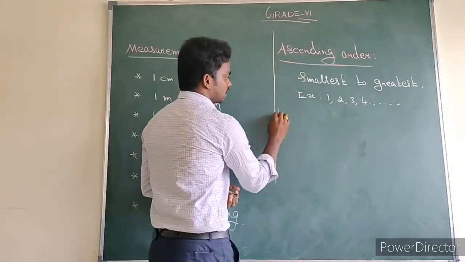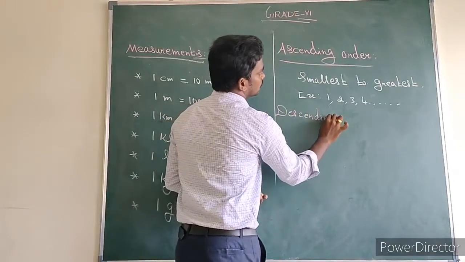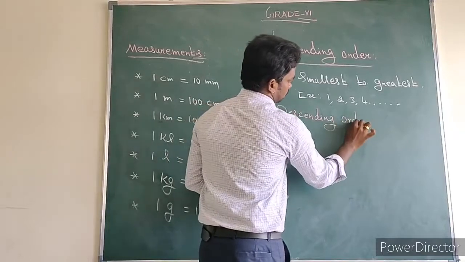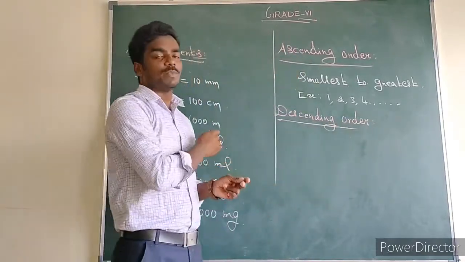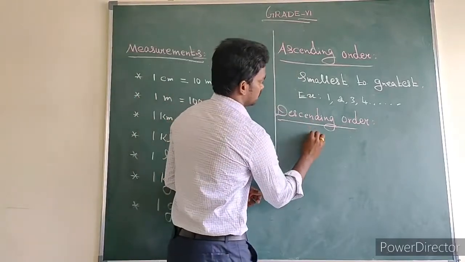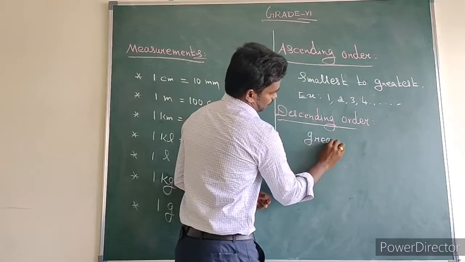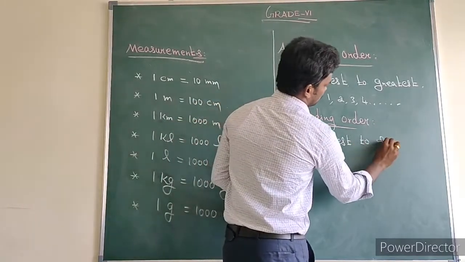And what is descending order? Ascending order means we write the smallest number to the greatest number, so descending order is greatest to smallest.